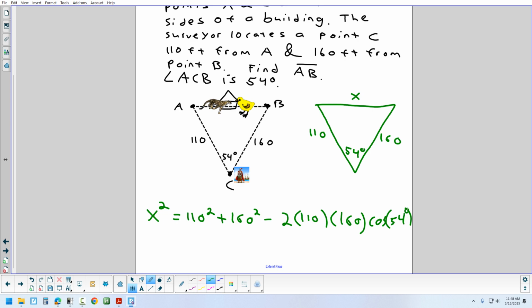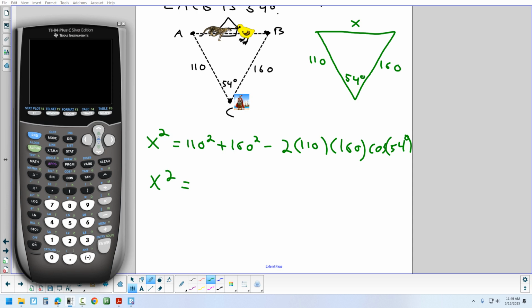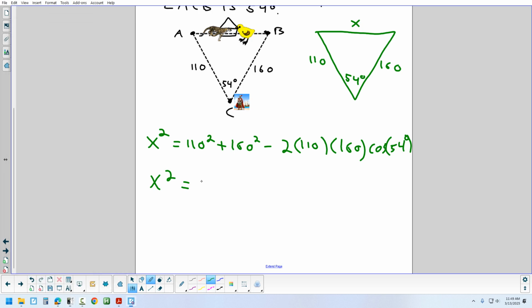Okay, so we took the information from the word problem, we drew it out, abstracted it to just the triangle so we don't have to worry about birds and cheetahs. And now we plugged it all into our formula, and now we'll see what we get. All right, so we've got 110 squared plus 160 squared. Okay, so 37,700 minus 2.